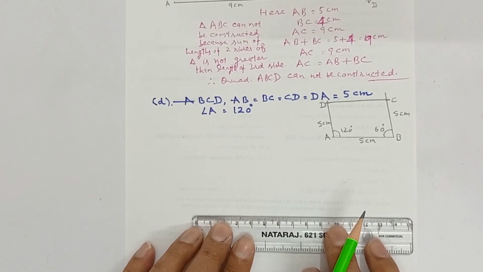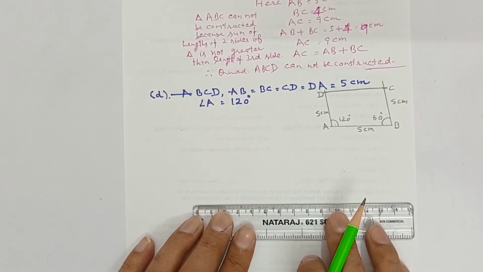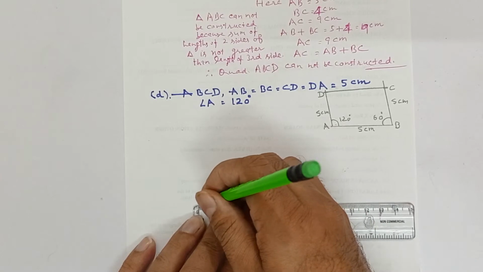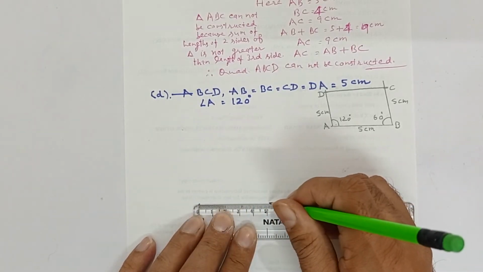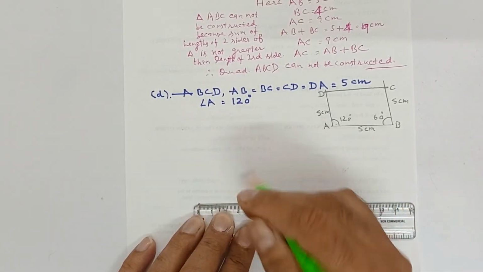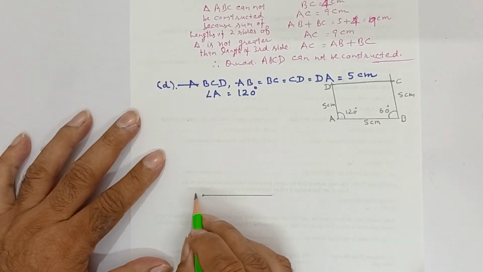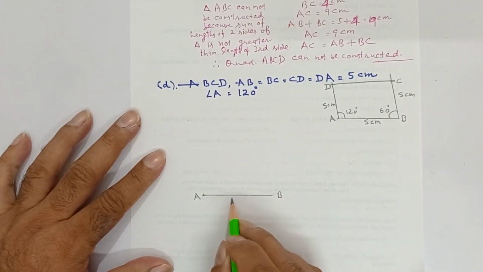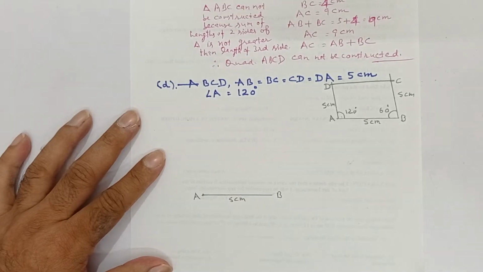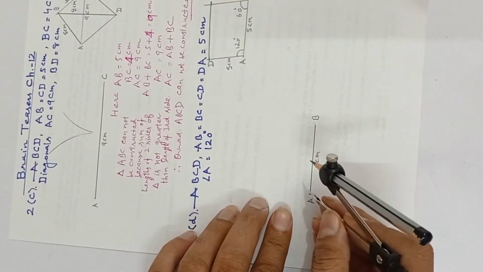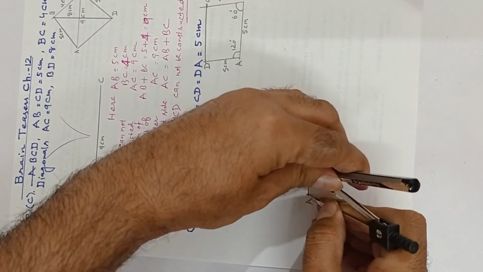Keep the scale in proper position, and this is 5 centimeter. So I have drawn 5 centimeter. This is AB. Angle A is 120 degree. With a compass it can be drawn easily.